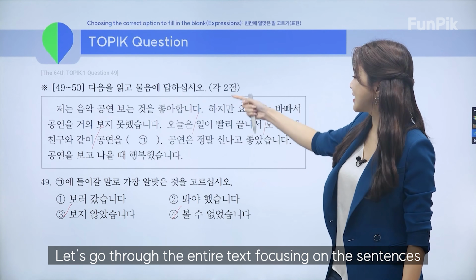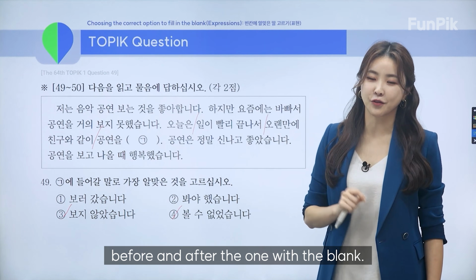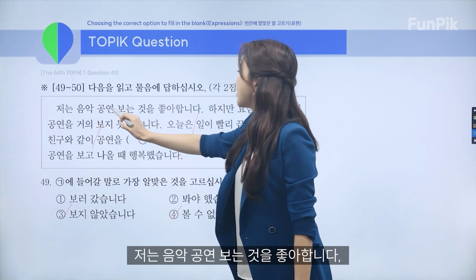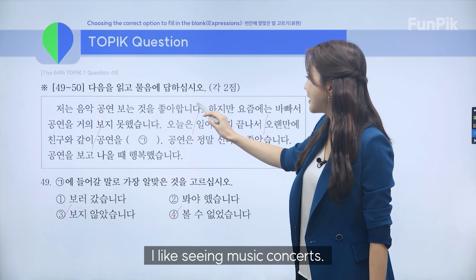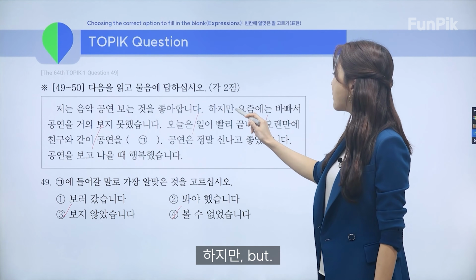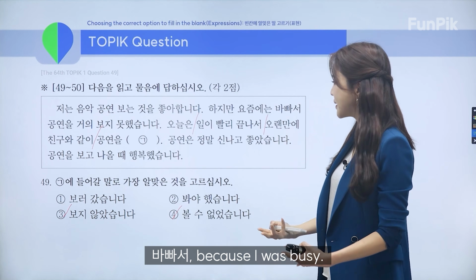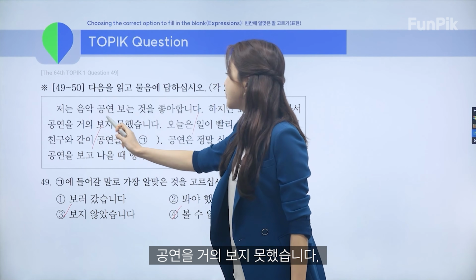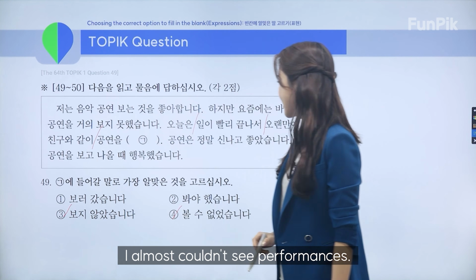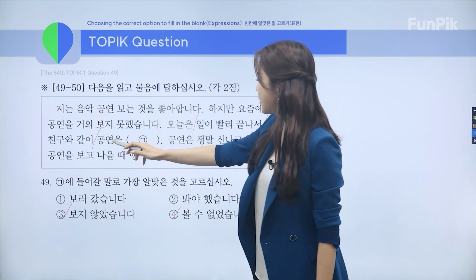Now let's go through the entire text, focusing on the sentences before and after the one with the blank. Okay. 저는 음악 공연 보는 것을 좋아합니다. I like seeing music concerts. 하지만, but, 요즘에는 recently 바빠서 because I was busy 공연을 거의 보지 못했습니다. I almost couldn't see performances. 오늘은 일이 빨리 끝나서 오랜만에 친구와 같이 공연을 something.